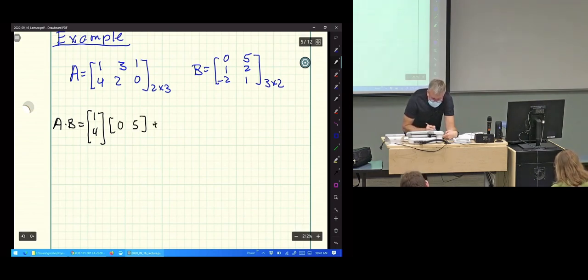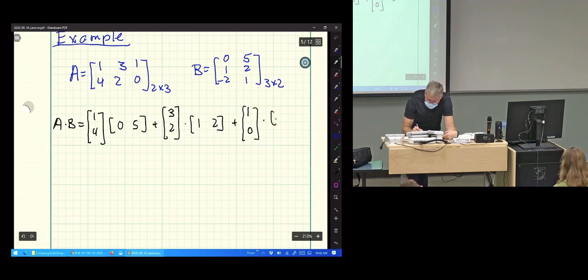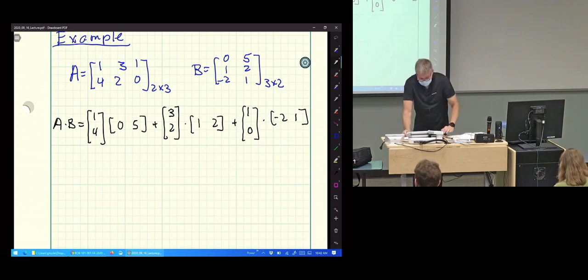We're going to add to that the second column of A multiplied times the second row of B. And then we're going to add the third column of A multiplied by the third row of B. So all the sizes work out.